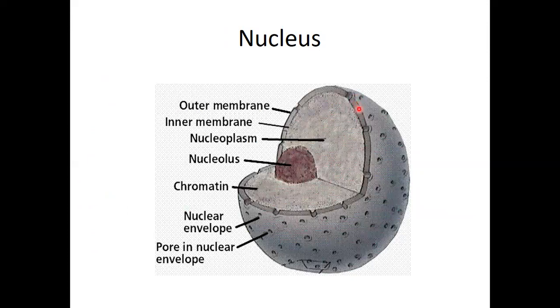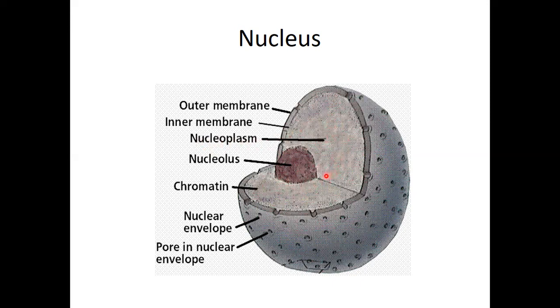Meaning substances that leave or enter the nucleus have to pass through two layers of membrane, the outer and the inner, and reach the inner side of the nucleus. The space inside the nucleus is called the nucleoplasm. We see here it's appearing grayish.